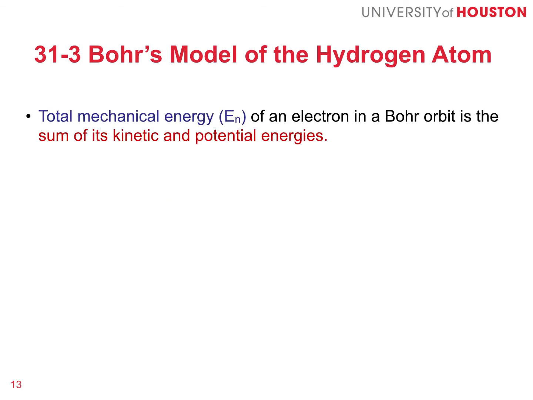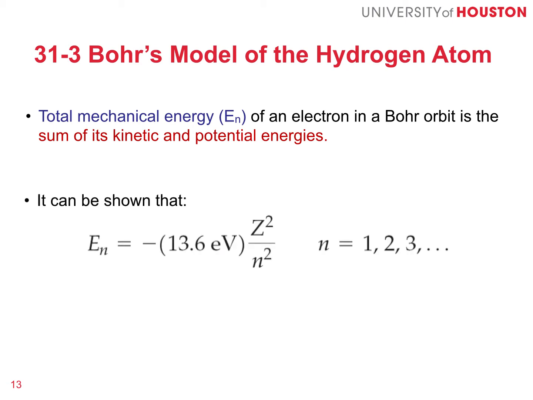Now, the total mechanical energy, E, is the sum of the kinetic energy of an electron in an orbit and the potential energy from the electrostatic force. If you calculate this, you can show that it's equal to minus 13.6 electron volts times Z squared divided by n squared, where Z is the number of protons and n is an integer.